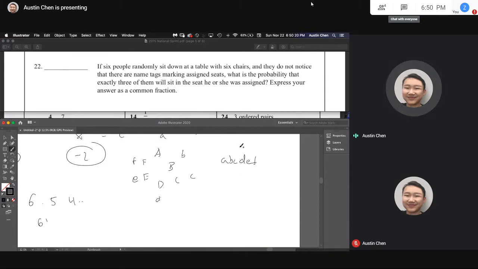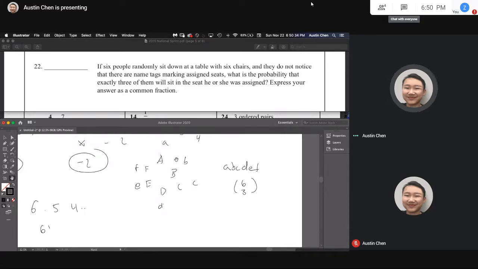So we can choose which 3 people are going to match by doing 6 choose 3, right? Because we have 6 people and we need to choose 3 people that will match. Okay, so we choose 3 people, and now without loss of generality, we can assume that they were ABC. And then they have to be matching on their seats, so we can't do anything about that. So there's nothing else to that. But the FED, they can be sorted in any way such that none of them will match with their seat.